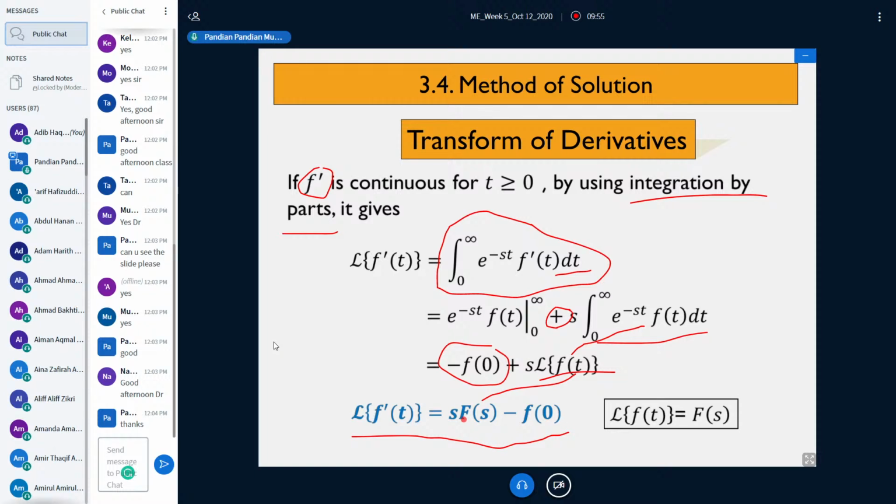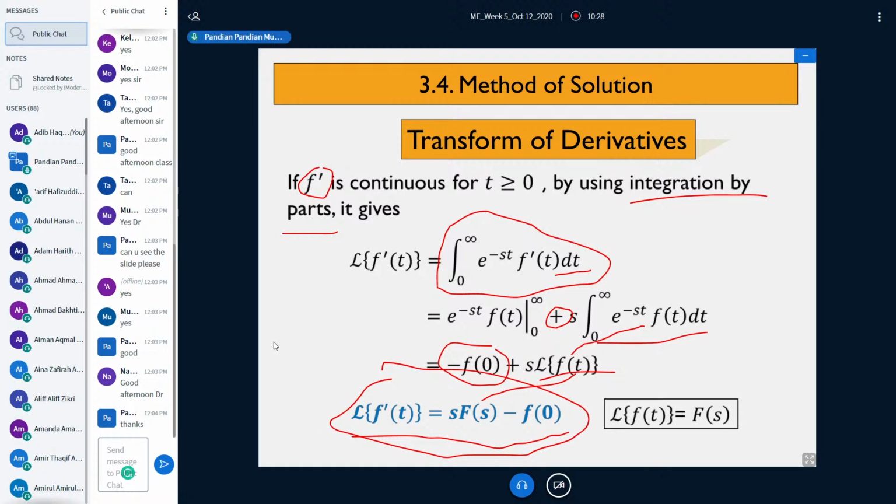Normally, from now onwards, when you solve problems, we don't have f(t), we have y(t). And the Laplace of small y(t) equals capital Y(s). So we are doing the transformation from the t domain to the s domain. So this is one formula.